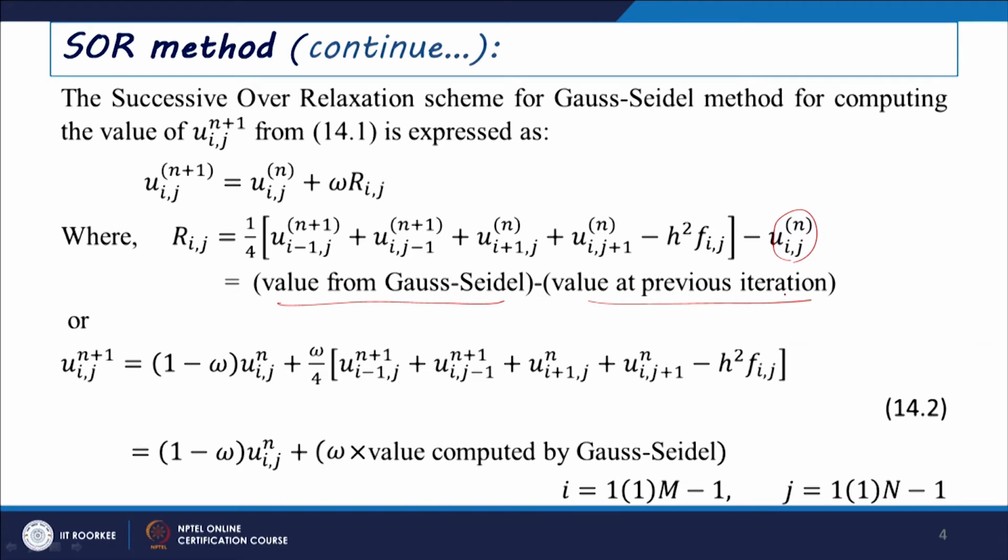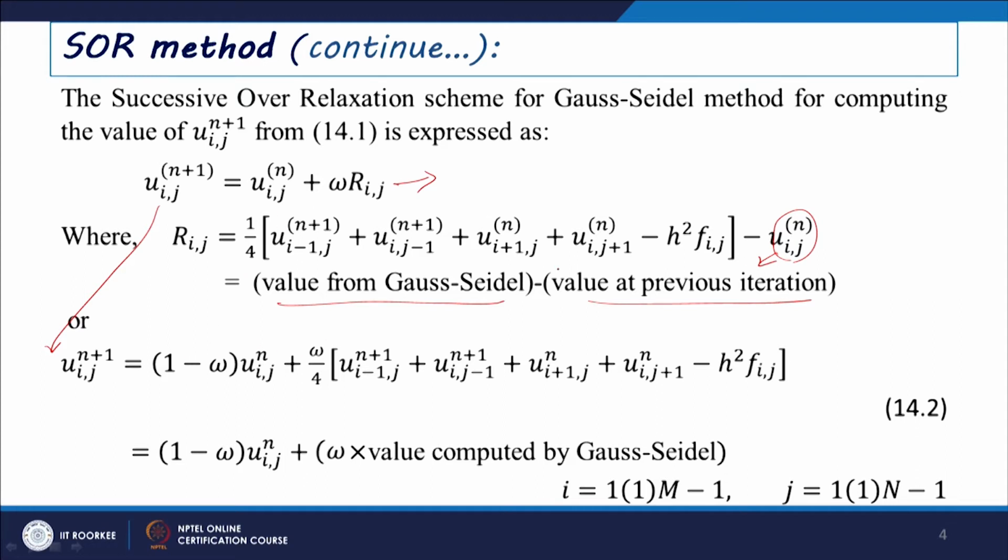If we put this r ij value in the first expression, we can write the modified expression for u ij to the power n plus 1. Since u ij is present on both sides, u ij can be taken common.